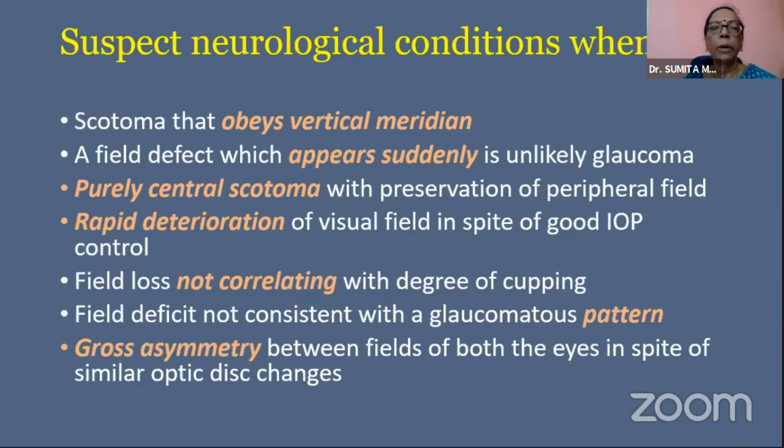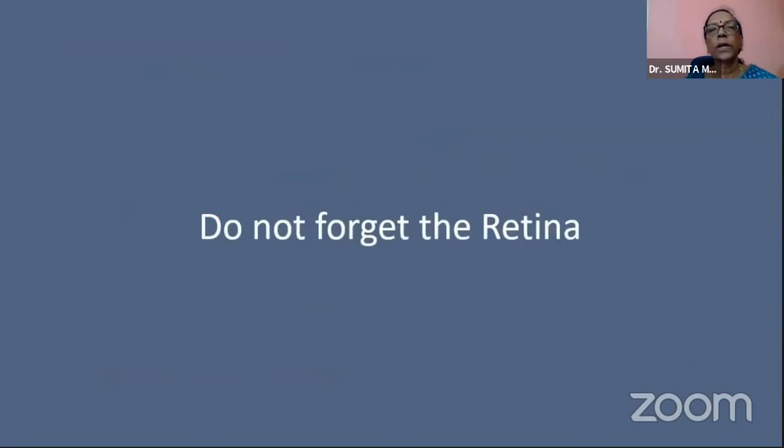Rapid deterioration of visual field in spite of good IOP control should also give us the red warning. Field loss not correlating with the degree of cupping, and field deficit not consistent with the glaucomatous pattern, should also give us suspicion. And if there is gross asymmetry between the fields in spite of similar optic disc change, it also gives us the clue that it may be some neurological condition.